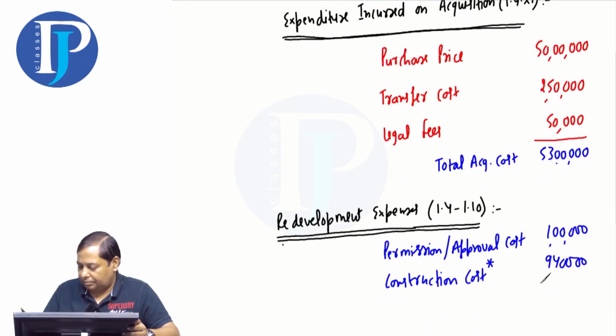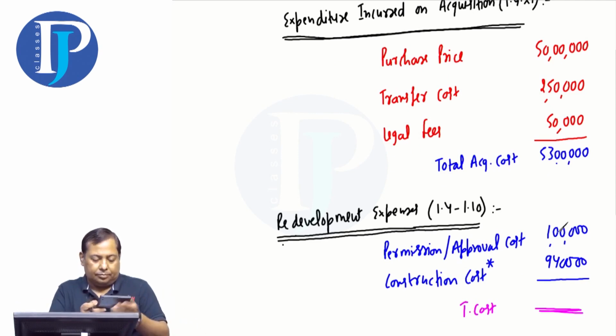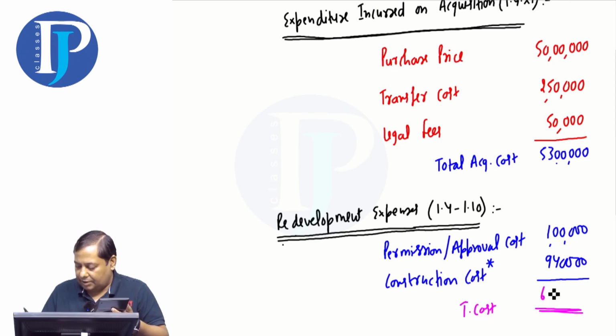Now total cost: 53 plus 1 and 940 is 63,40,000.